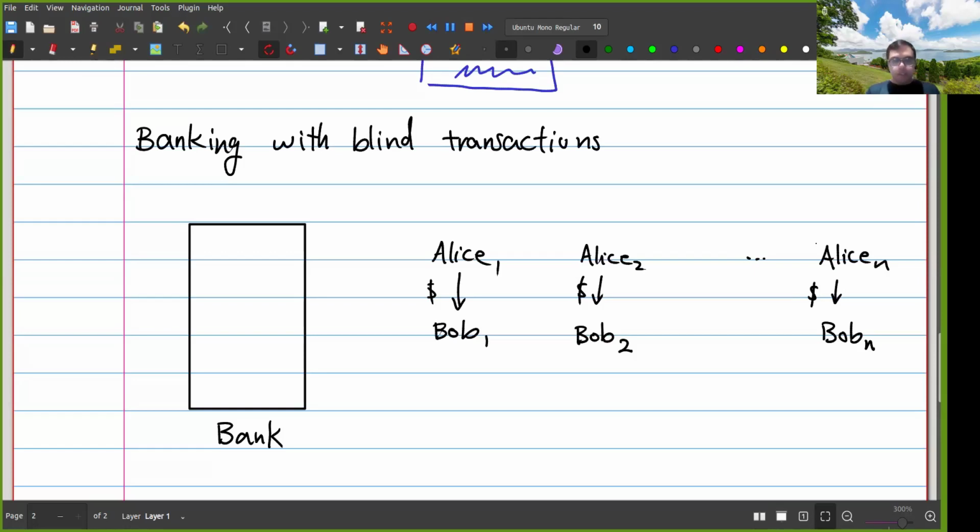So if I want to transfer money from my bank account to your bank account, and I want the bank to not have a record of it, instead of doing a direct transfer, let's say an FPS transfer, I can first go and withdraw banknotes from my bank. Then I give you the banknotes physically, and then you go to your bank and you deposit the banknotes.